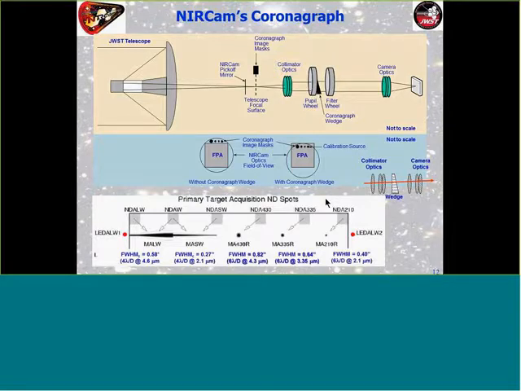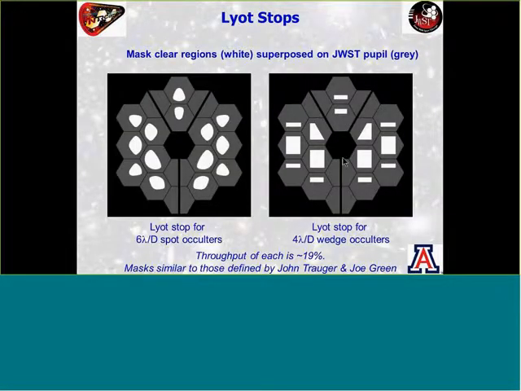And this slide shows that there are two flavors of Lyot stops, one for the spot occulters and one for the wedge. These were designed by folks up at JPL, and John Krist played a big role in getting these laid out. Their throughput is rather low, just under 20%.